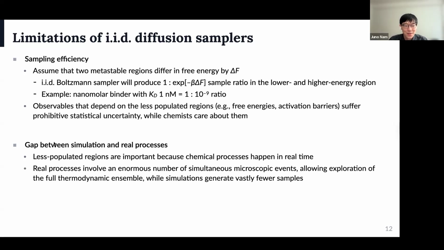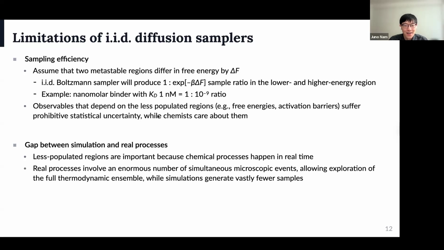So the less populated regions, even if they're really less populated, could be important, because chemical processes happen in real time, where there is almost an infinite number of microscopic events happening.